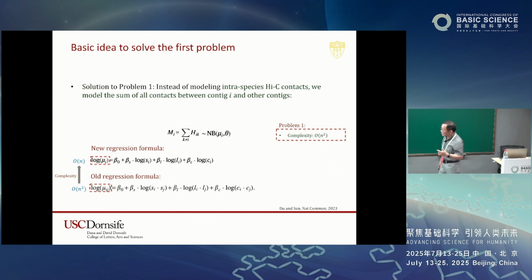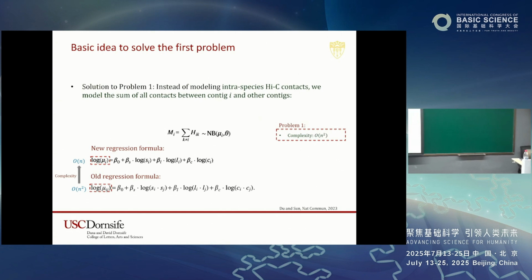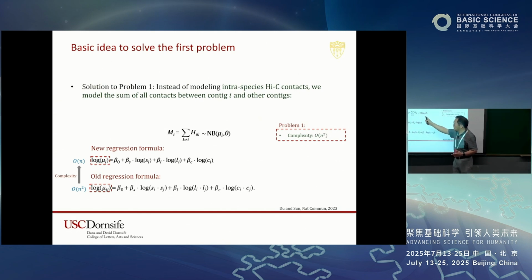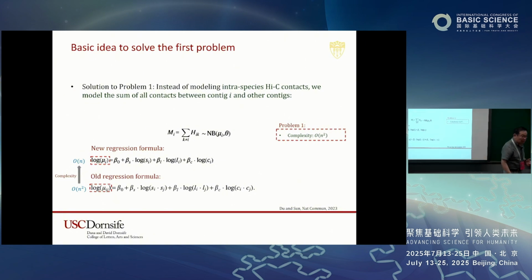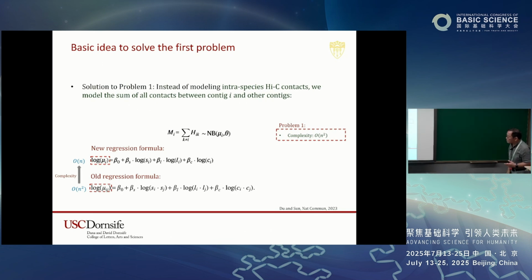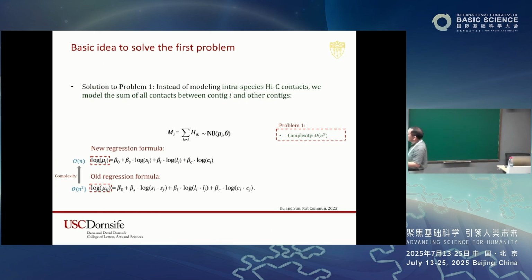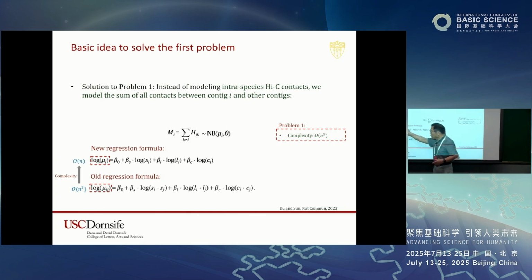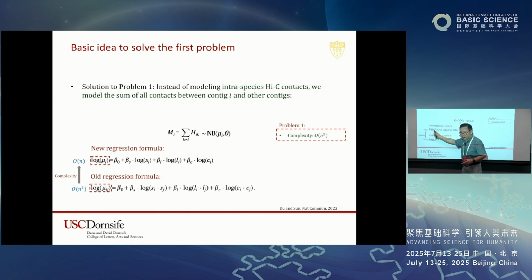For example, for this contig, we just look at how many Hi-C reads are mapped to this one that link to the others, and we sum over all of them. Then we model this using the zero-inflated negative binomial. Because now we are modeling individual contigs instead of pairs of contigs, you get linear time.